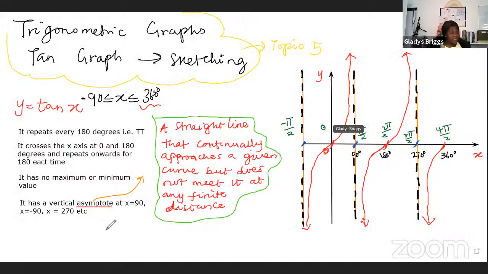So the only other thing that we're going to do is to show the graph of y is equal to negative tan x, and it's the same thing as that one. It's just that it's going in the opposite direction. Okay, so instead of going this way, it's starting off. It will be something like this.